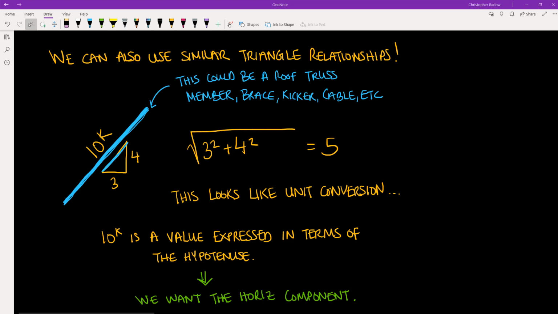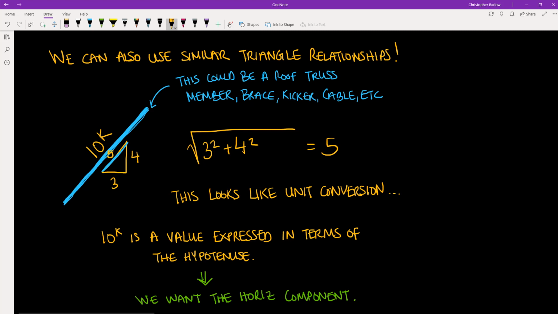So to do this, we start with Pythagorean theorem. So we have 3 squared plus 4 squared equals 5 squared. And so the length of the hypotenuse of our similar triangle is 5.